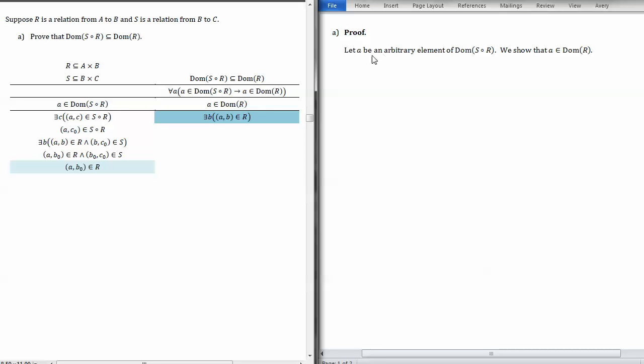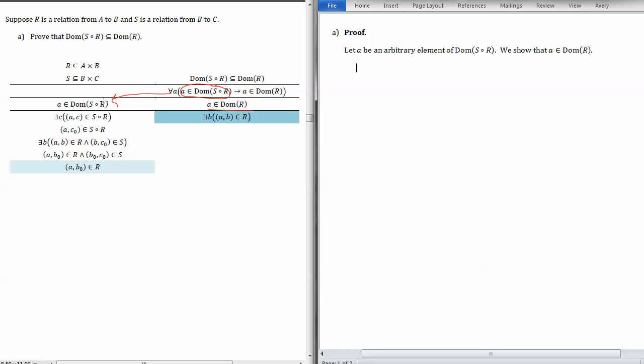I already wrote here, let A be arbitrary, and in fact let it be an arbitrary element of the domain of S composed with R. So we are bringing that over here for direct proof. New goal: that A is in the domain of R. And then we did existential instantiation, right?